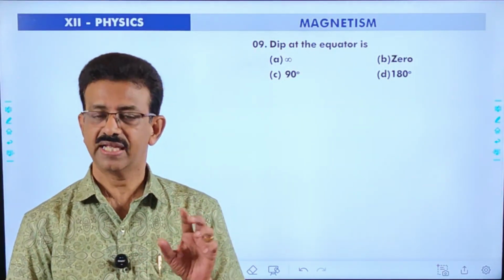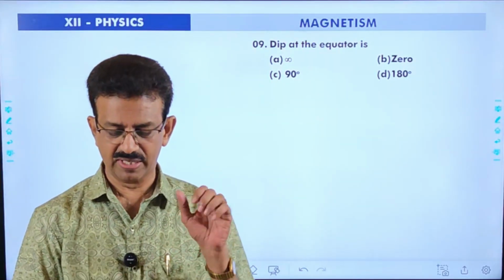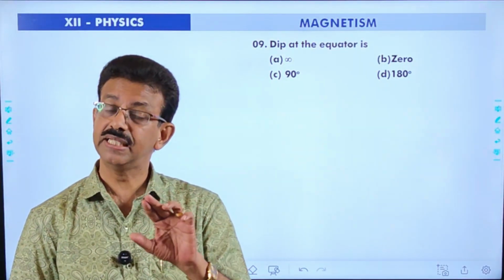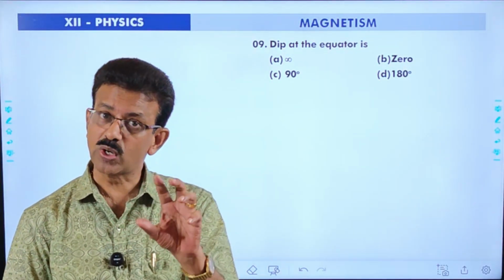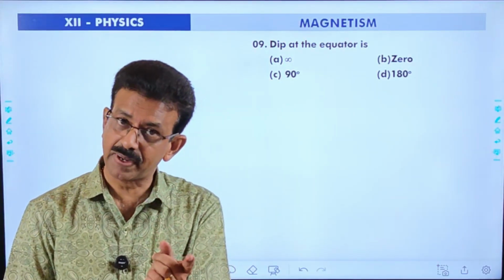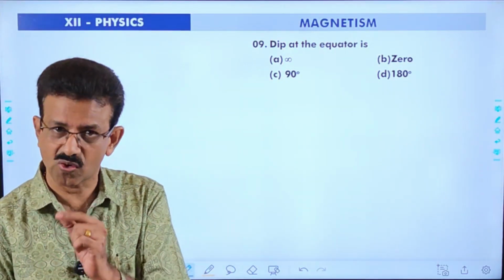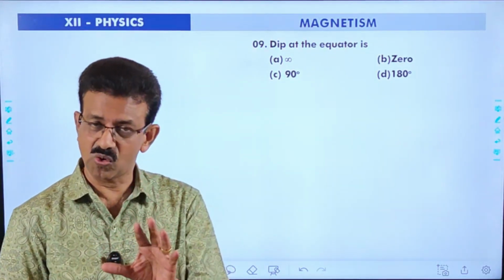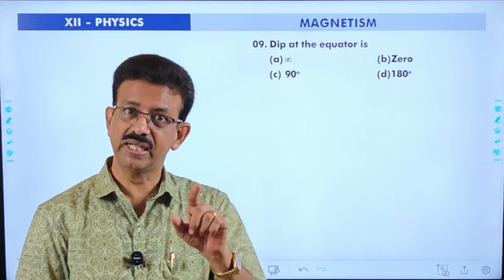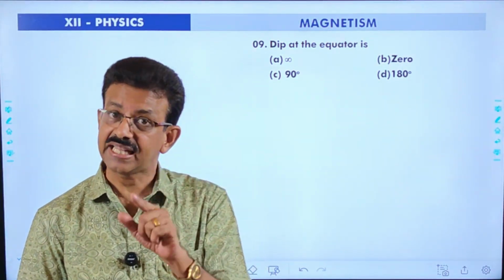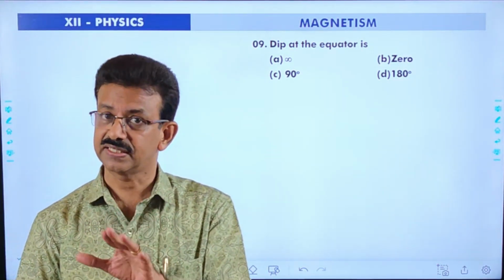Question number 9. Here, some important points about dip. Dip is the angle between the total field intensity at a place and the direction of the horizontal component. Therefore, dip at the pole is 90 and dip at the equator is 0.